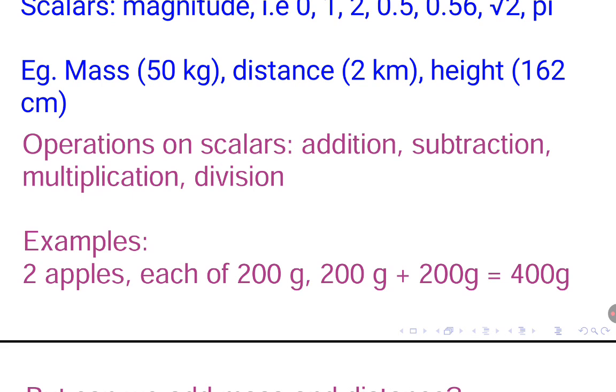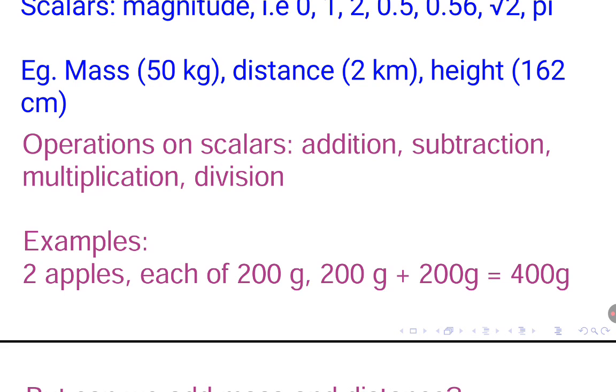So you are adding two scalars. Similarly, you can subtract your height from your friend's height. Let us say your friend is 160 centimeters tall. So then if you subtract 160 from 162, you will get a value of 2 centimeters.